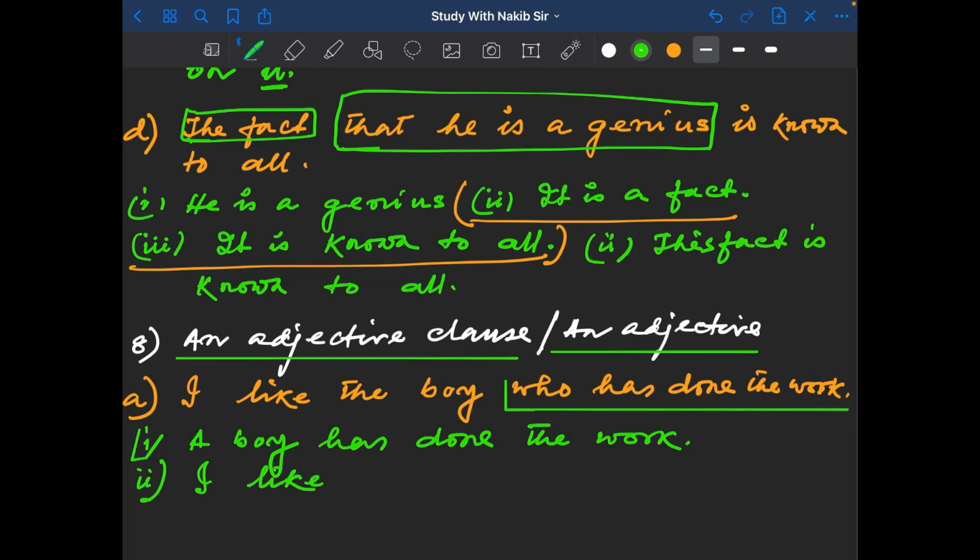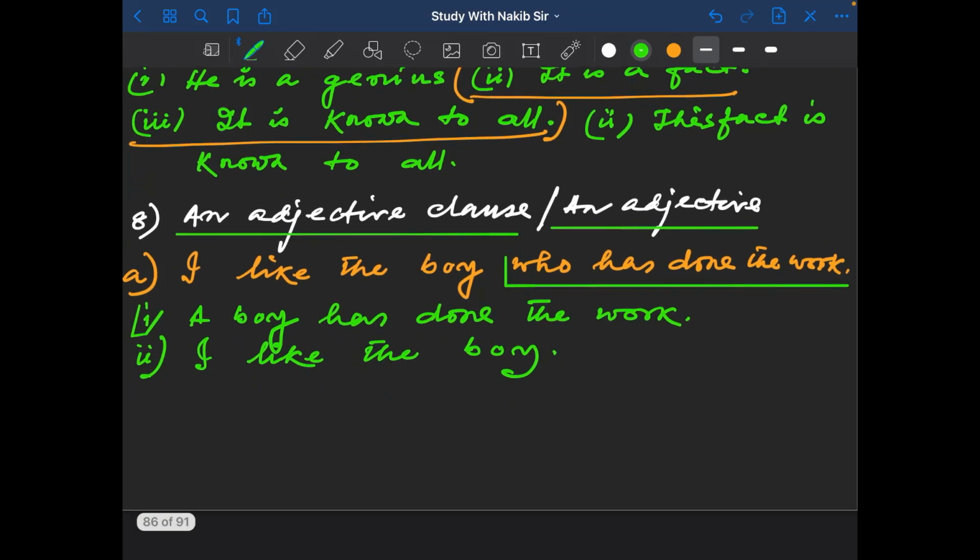So for the adjective clause who has done the work, you have got the first sentence, a boy has done the work, and for the principal clause, the rest of the sentence, you have got the next sentence, I like the boy. The 2 sentences from the given sentence, I like the boy who has done the work.